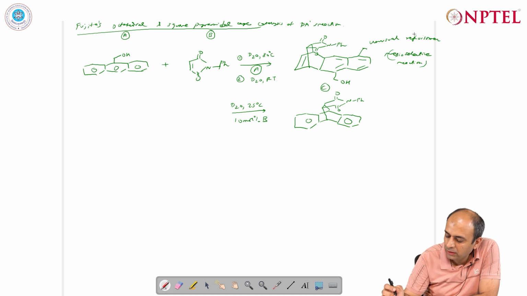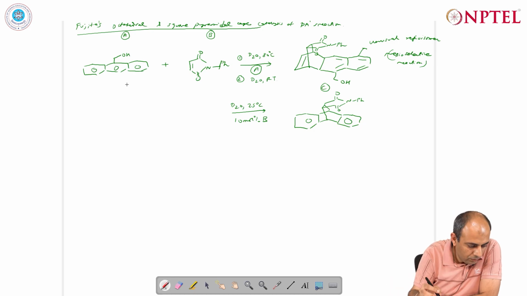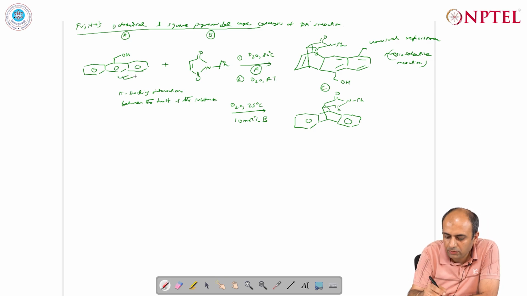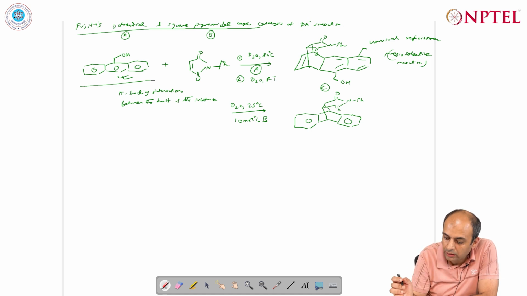And also it is interesting to see that there exist pi stacking interactions between the host and the substrate. So there are pi stacking interactions between this substrate with the corresponding pi surfaces of the Fujita's octahedral cage.